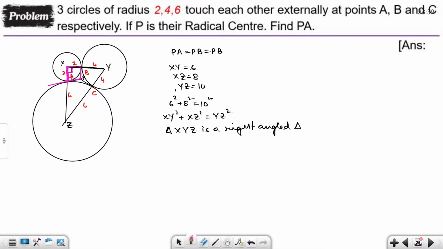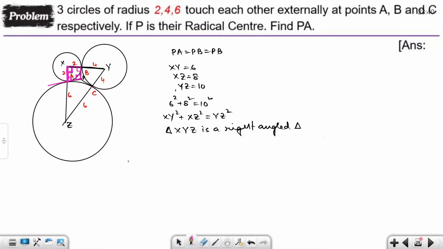Thus, your angle A is 90 degrees because we know that the tangent and normal are always perpendicular to each other. So this is 90, this is 90. By the same argument, this angle is also 90. So obviously, this angle is also 90.